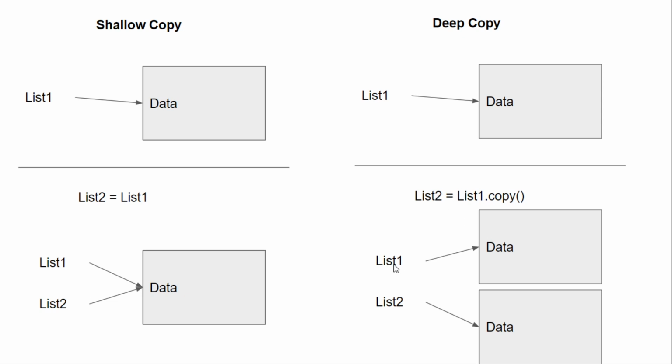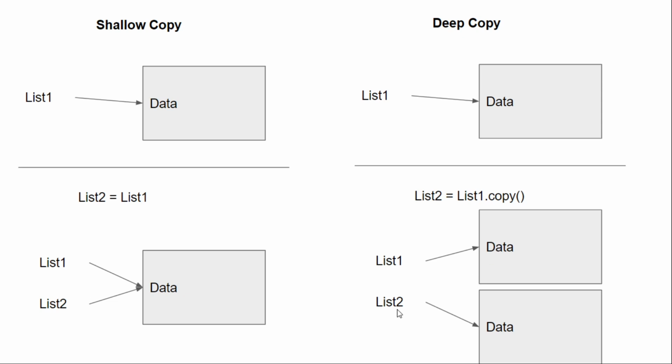Now list 1 has its own personal memory, and list 2 has its own memory. If I go for list 1 dot append 4, that will only be appended inside this memory location. And if I go for list 2 dot append or remove anything, that will only happen inside this block, and it won't affect list 1, and making changes in list 1 won't affect list 2.